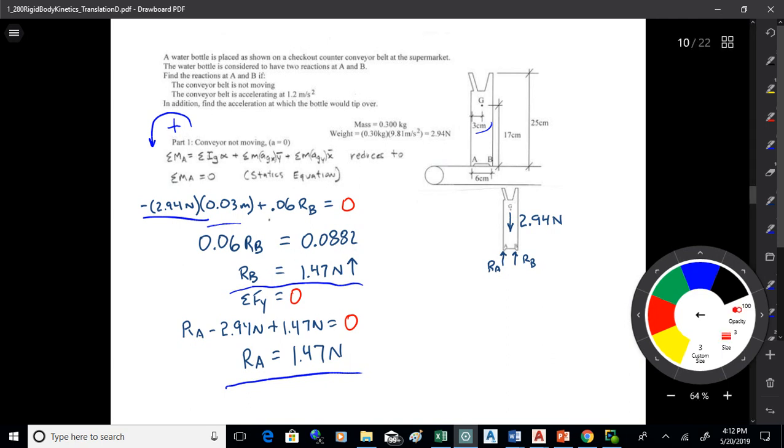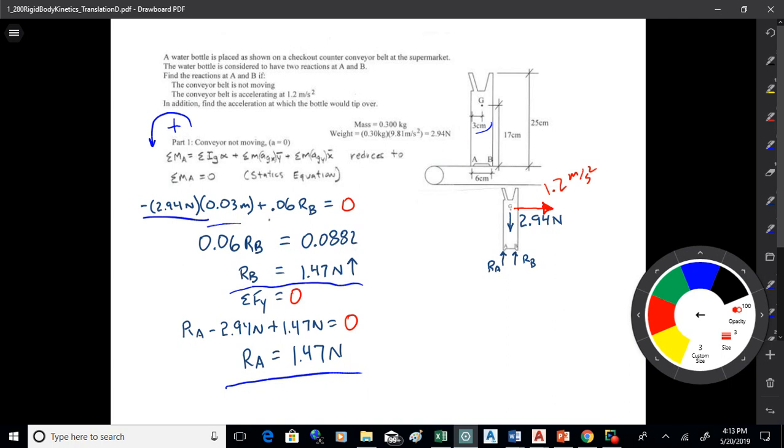We're going to add one thing to our free body diagram, applied at the center of gravity because we run everything through the center of gravity, and that'll be the 1.2 meters per second squared. That's the convention on this.